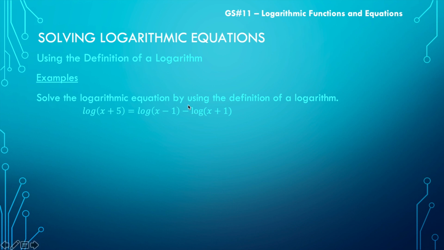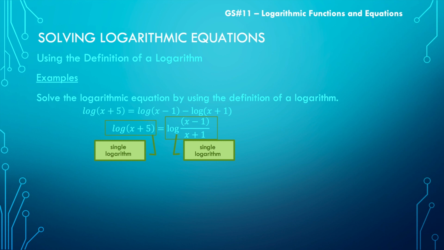So I need to condense where I see two. If I have a log minus a log, then I can take the arguments and divide them. So I can write it as a single log with a quotient of these two arguments. So I've got log of (x plus 5) is equal to the log of (x minus 1) divided by (x plus 1).